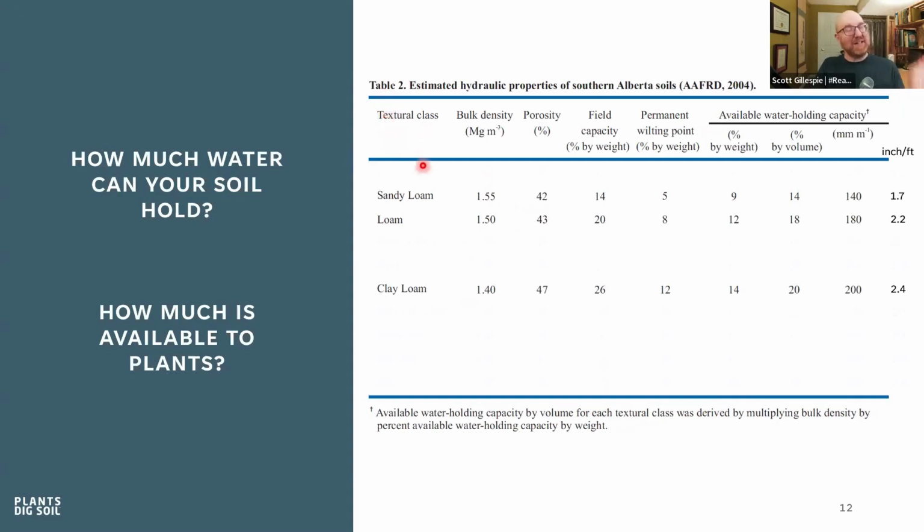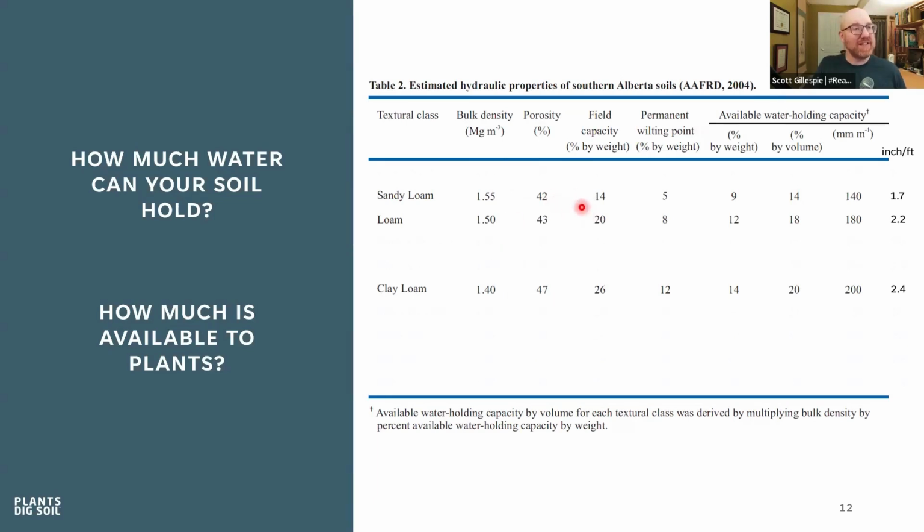So does anybody know why, if you notice, a sandy loam is a heavier soil than a clay loam? Anybody want to put in some guesses as to why we call the clay soils heavy when the bulk density is the opposite? I'll just leave it and see if anybody puts anything up in there.